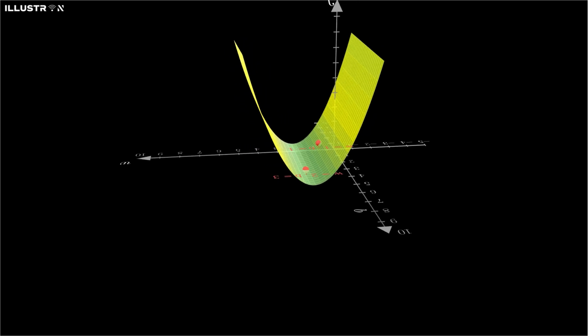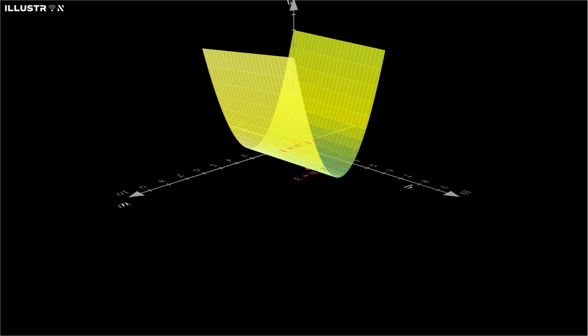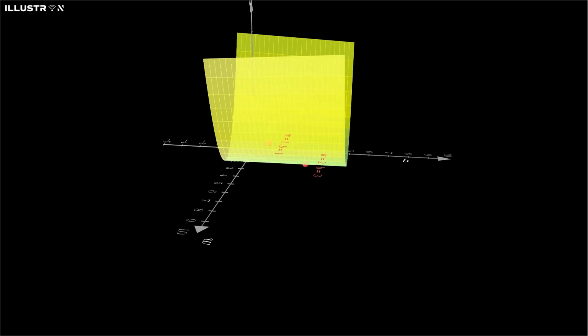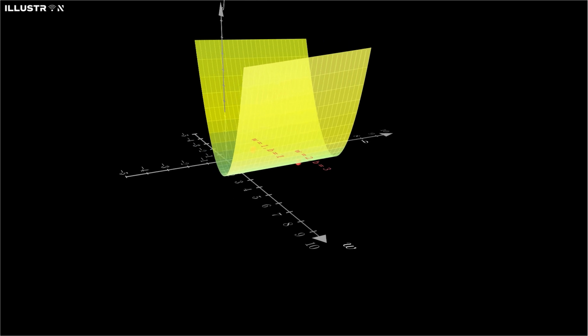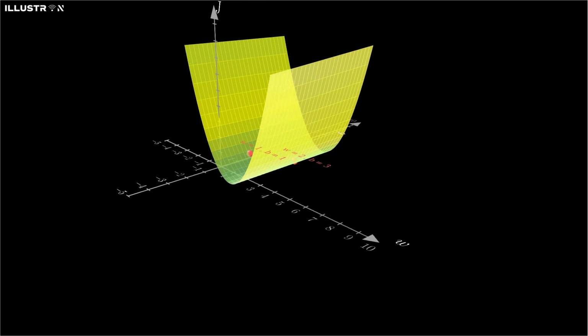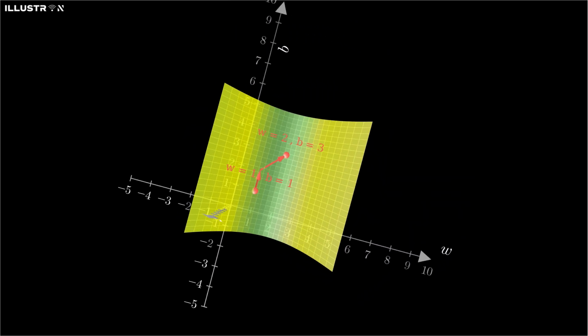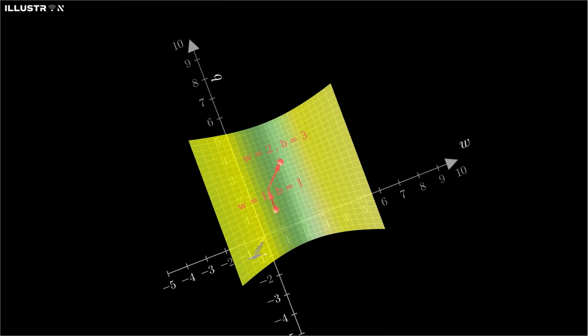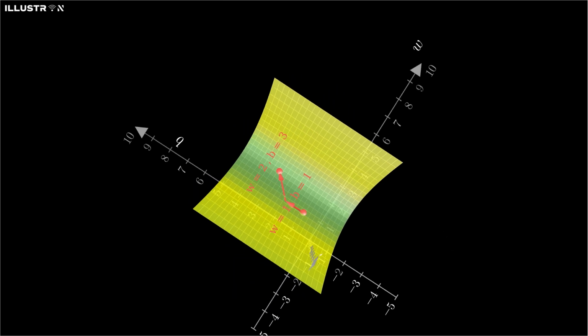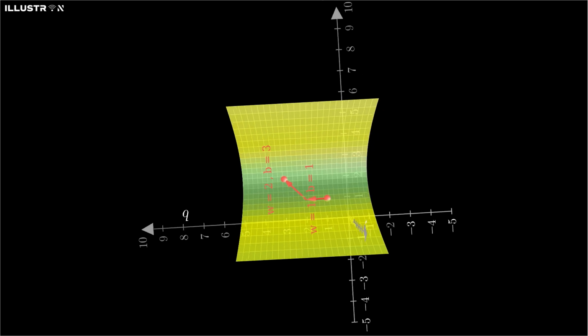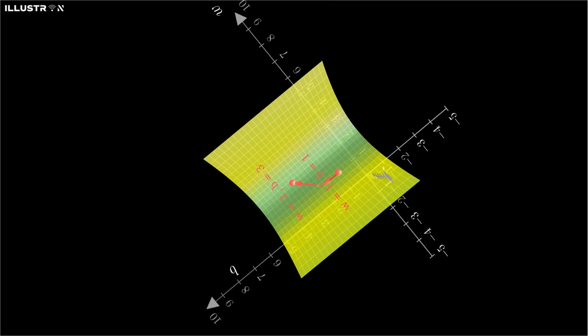Gradient descent takes us on a journey downhill on this surface. The red arrows show the steps taken by the algorithm. Each step is guided by the gradient, which points us in the direction of steepest descent.